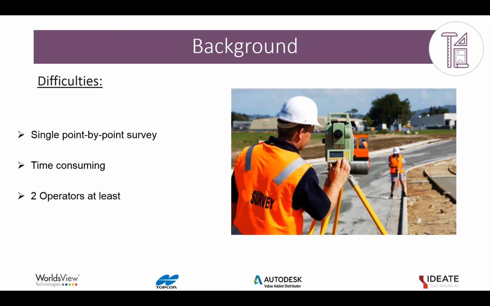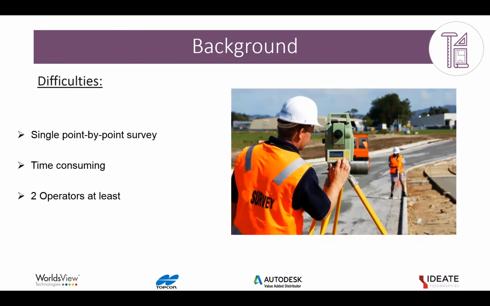We just need to place the target in a specific point, then survey the data, or the coordinates, you can say, with the total station. And it is really time consuming. If we are talking about a building, you need each time to place the target in a specific point in order to survey it, then move the target to the next point.